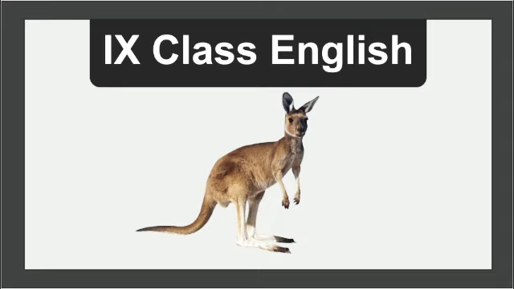You can observe very clearly they have very powerful hind legs compared with the front legs. The front legs are small in size. And can you see this tail here? It has a long and strong tail.